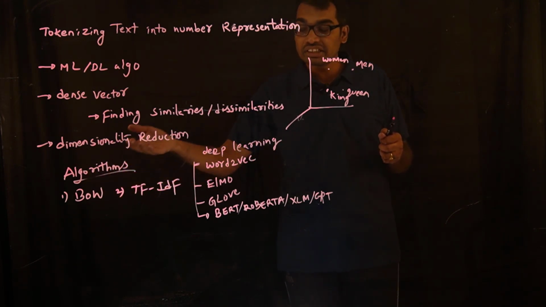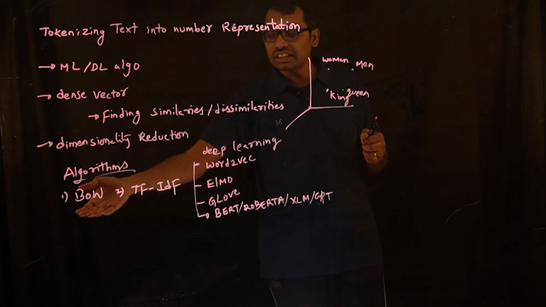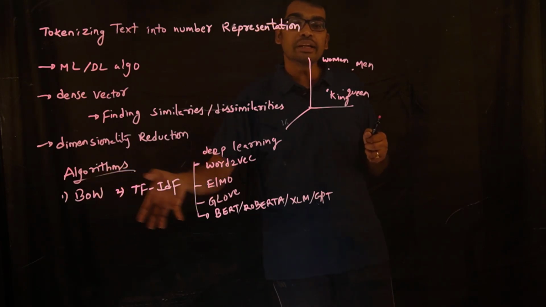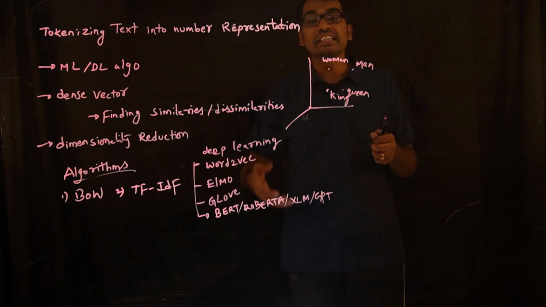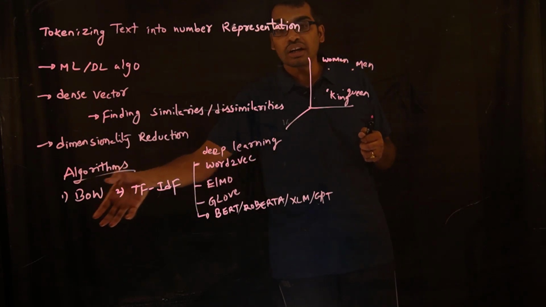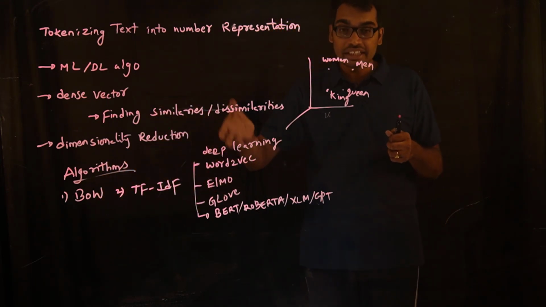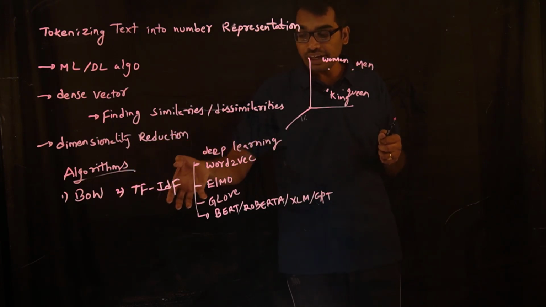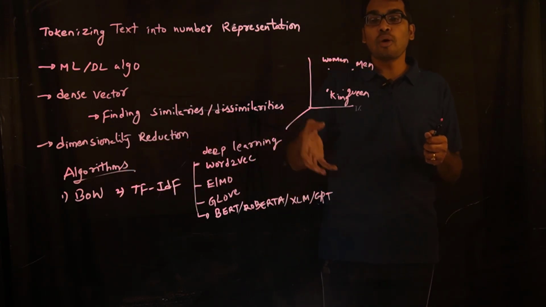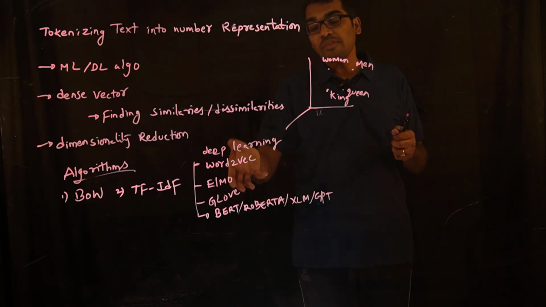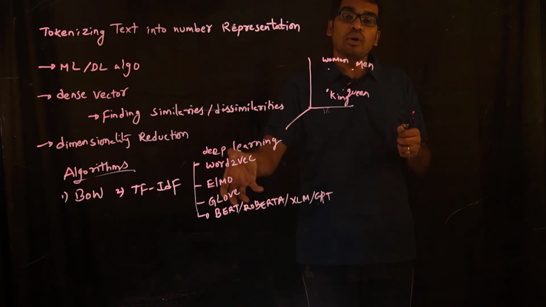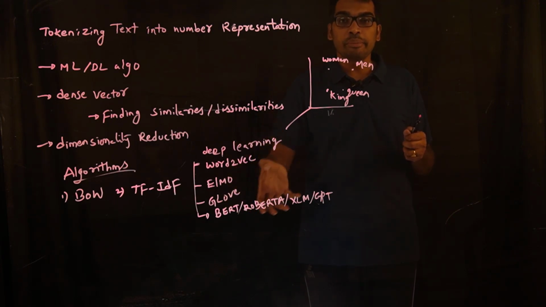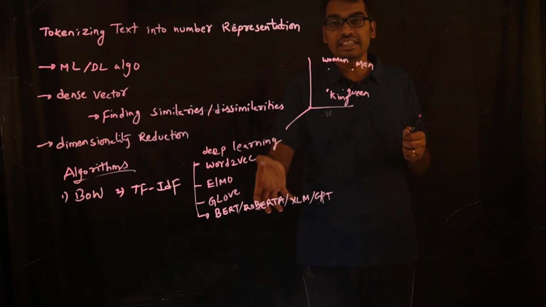What are the advantages, what are the disadvantages? The main advantage of these two algorithms, other than deep learning approaches, is that they are very simple and easier to handle. That is why these two algorithms are used in the industry even now. The deep learning algorithms are much more complex to handle, and they need a lot of infrastructure and memory.